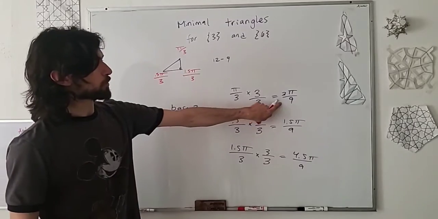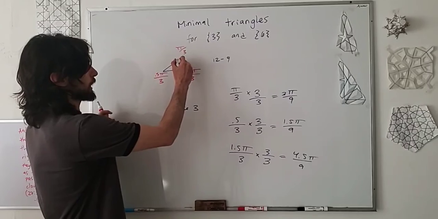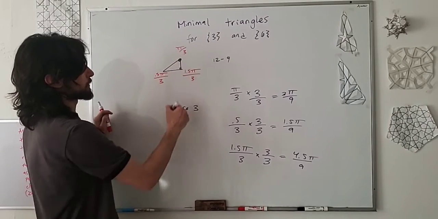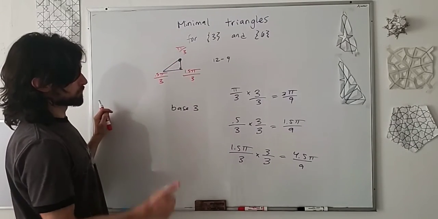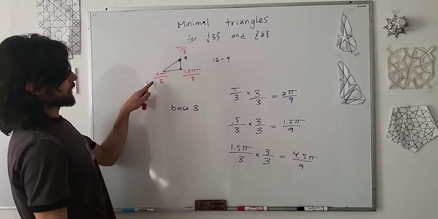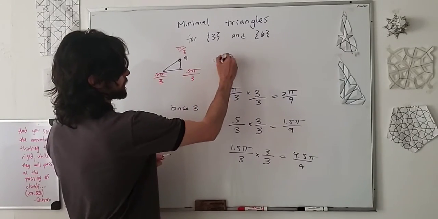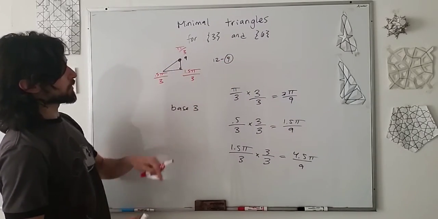So the only whole number is this one. That means that this point right here actually holds up as a center for a 9. So cool, we got our 9. 9 is checked. You can put a 9 there in that point.